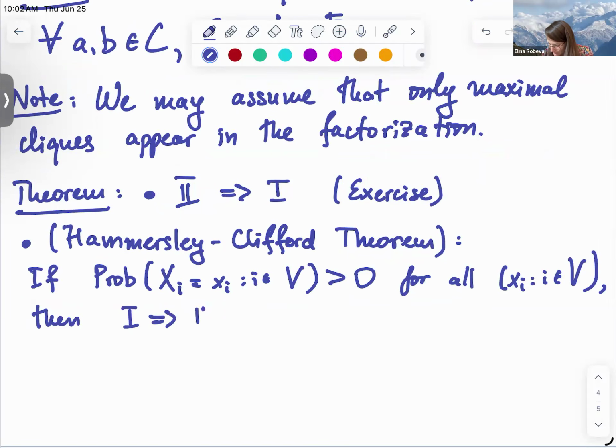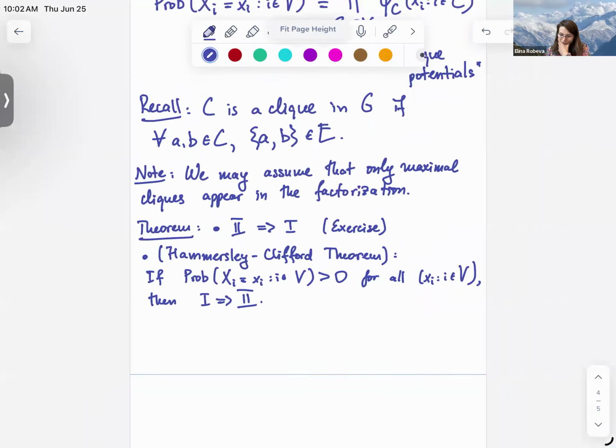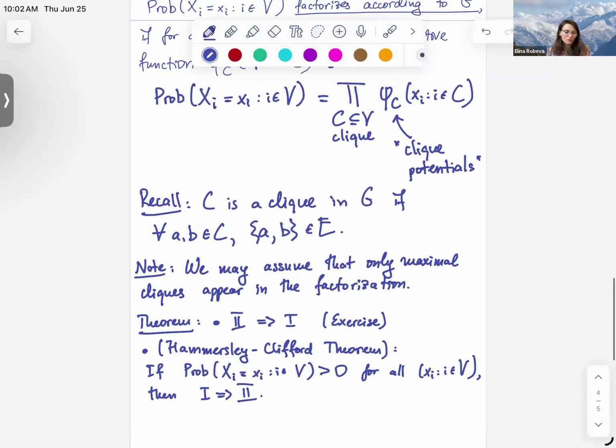So then the conditional independence statements imply the factorization. That's the other direction. So it's not always the case, but often the case.